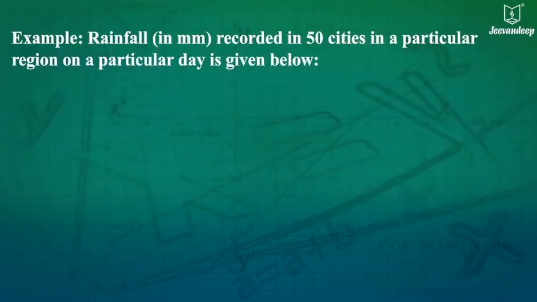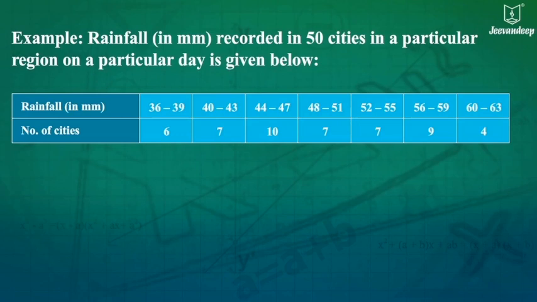Example: rainfall in millimeters recorded in 50 cities in a particular region on a particular day is given below. Rainfall in millimeters, number of cities.